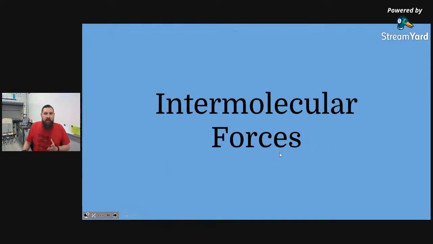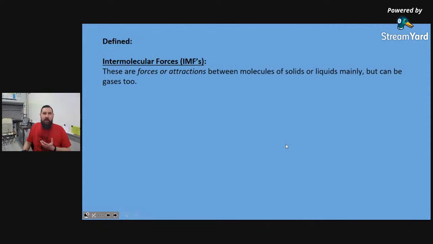When we're dealing with intermolecular forces, as always, the first thing we need to do is define exactly what we're dealing with. An intermolecular force, also referred to as IMFs, is a force or attraction between molecules, typically of solids or liquids.